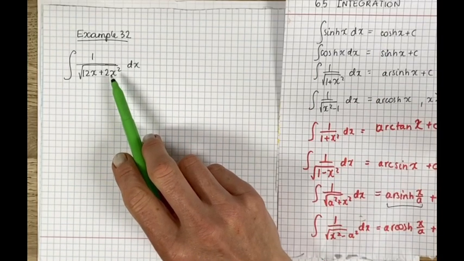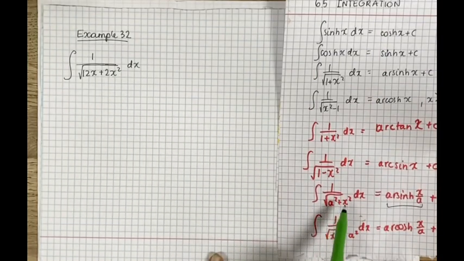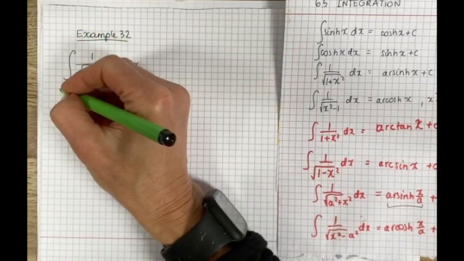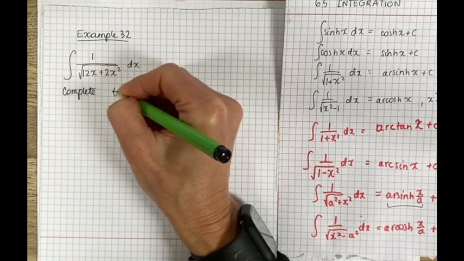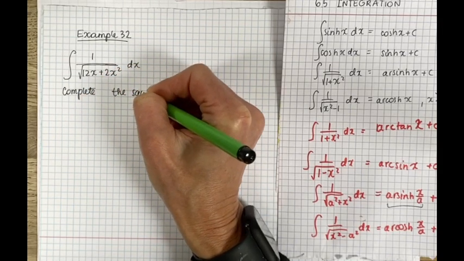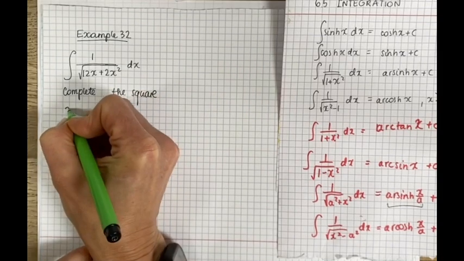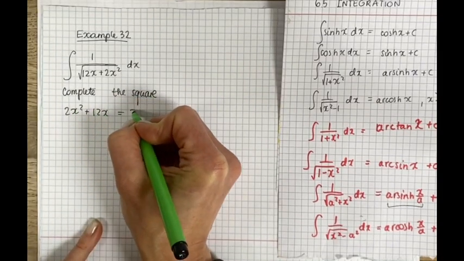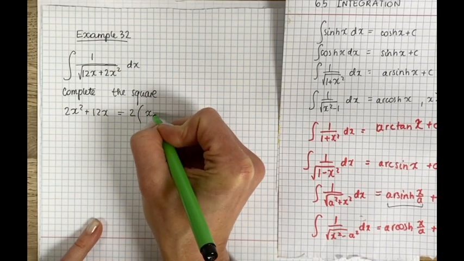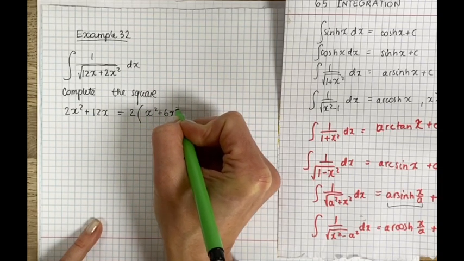The thing to do here is make it into a perfect square, so we've got to complete the square. So 2x squared plus 12x. Let's complete the square. Take the 2 out, and then you've got x squared plus 6x.